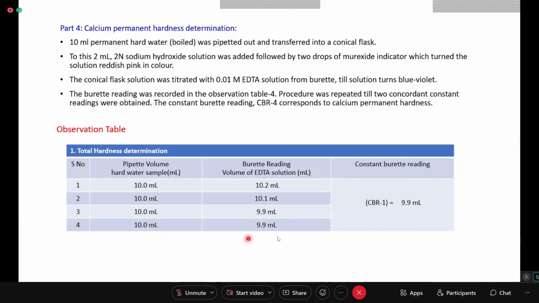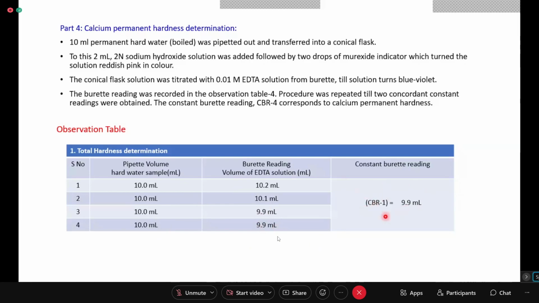So replicate analysis reduces error in the determination and attains accuracy. To attain accuracy in your reading, you have to repeat it again and again, and you will find that after 10, 15 titrations, you will get two readings the same. Okay, so this is the CBR1.